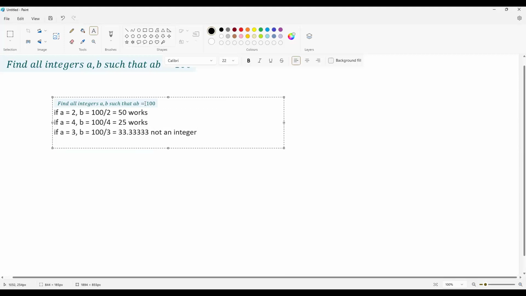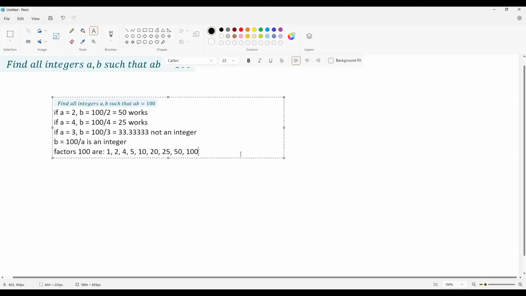So what we notice is a has to be a factor of 100, so that when b is equal to 100 over a, it's an integer. So the factors of 100 are 1, 2, 4, 5, 10, 20, 25, 50, 100.